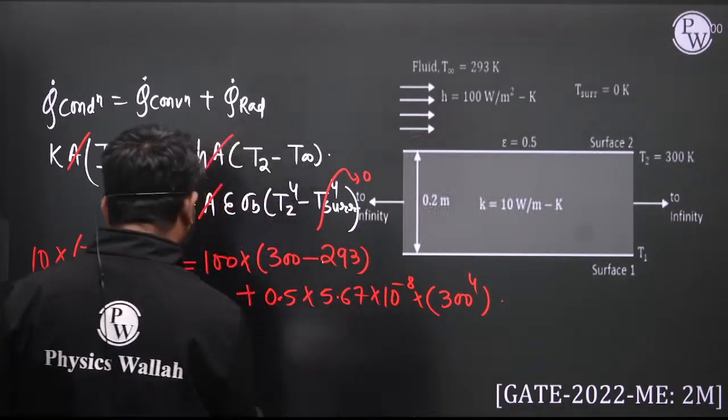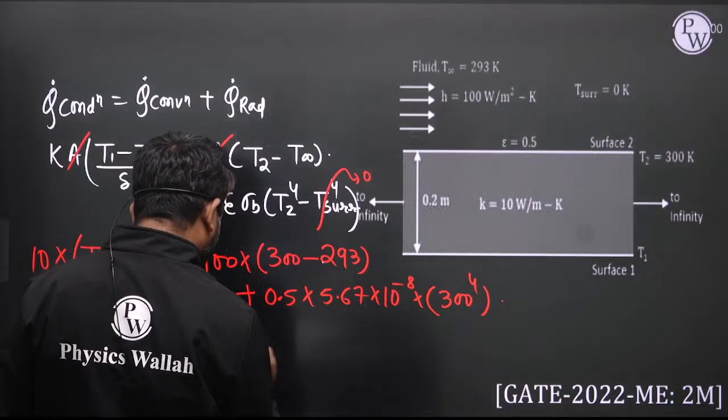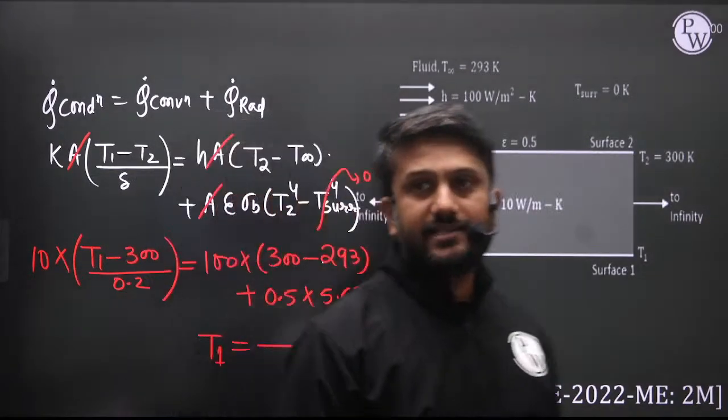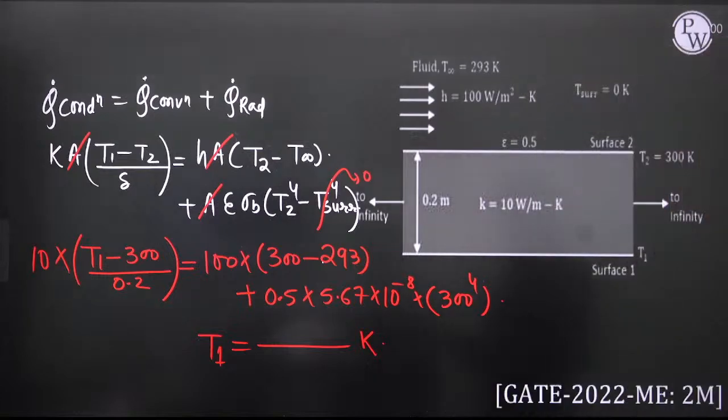There is one equation and one unknown, that is T1. Now calculate T1 from here.